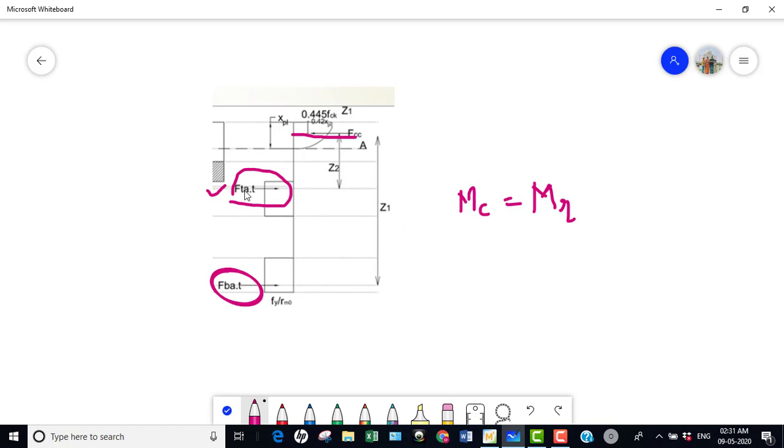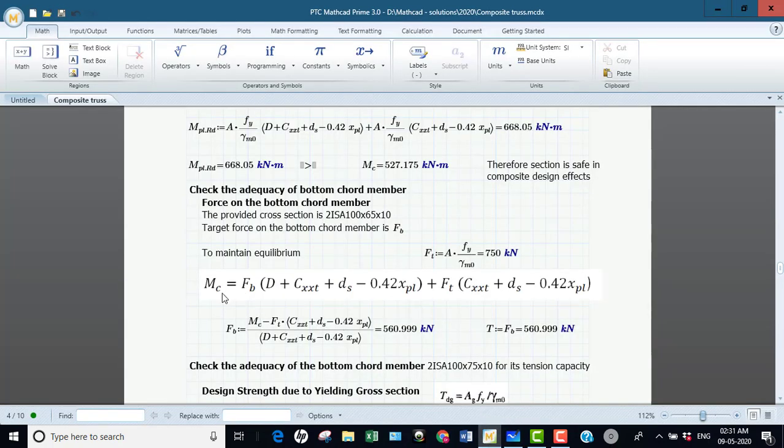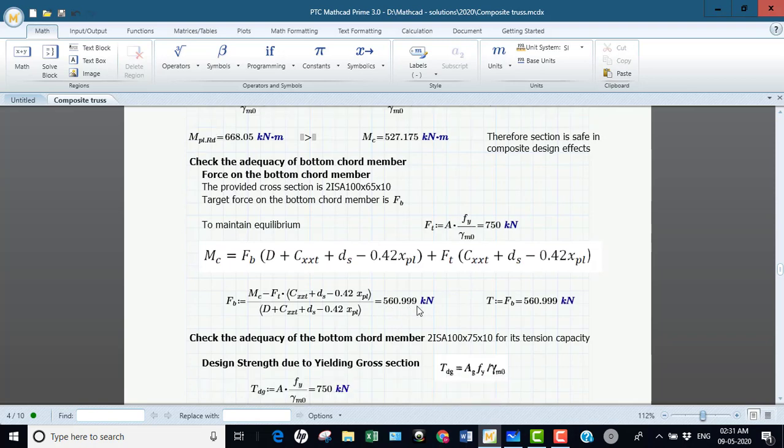With this, I know the size of the top chord, from which I obtain the force expected at the bottom chord. With this principle, I am equating the moment produced by the two tensions to the moment expected in the composite stage, from which I calculate the force expected on the bottom chord. It comes to about 560.